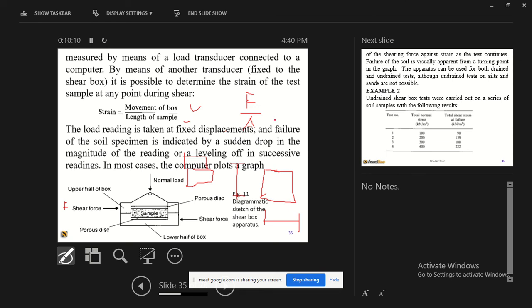You have to adjust the area. So the new area is A over 1 minus the strain. The strain is this one.